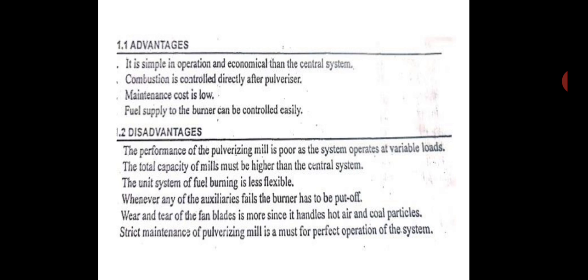So for each burner there is one pulverizer and scale. If there is a problem with any auxiliary, then the burner is put off because it cannot be supplied coal from any other pulverizer. It's only one scale, one pulverizer, one burner. No crisscross is there. Wear and tear of the fan blades is more since it handles hot air and coal particles.